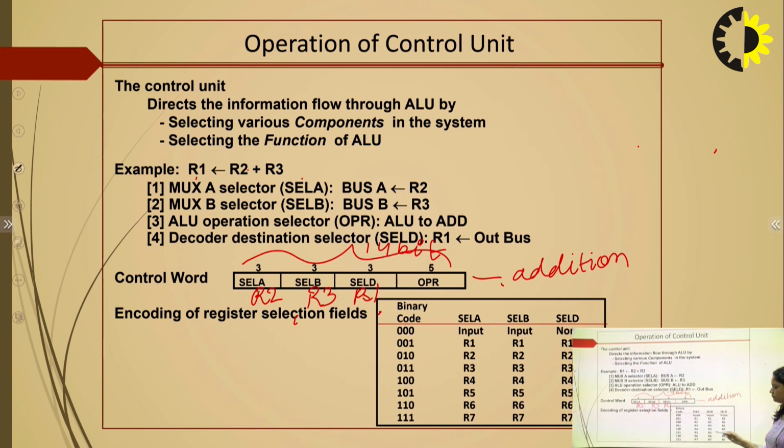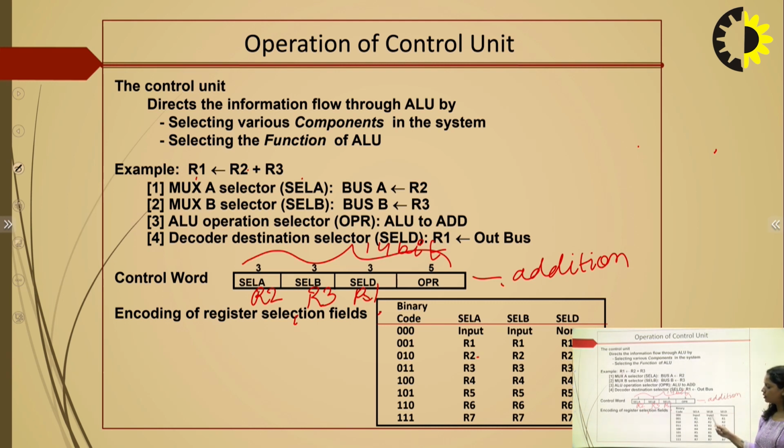Now what will be the code for R2? By looking at this truth table, the code for R2 on selection line A is 010, and the code for R3 is 011.